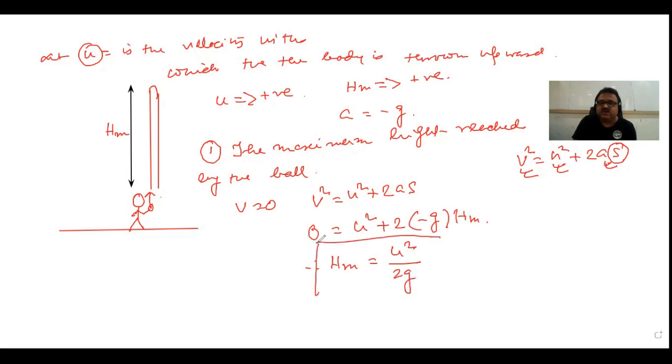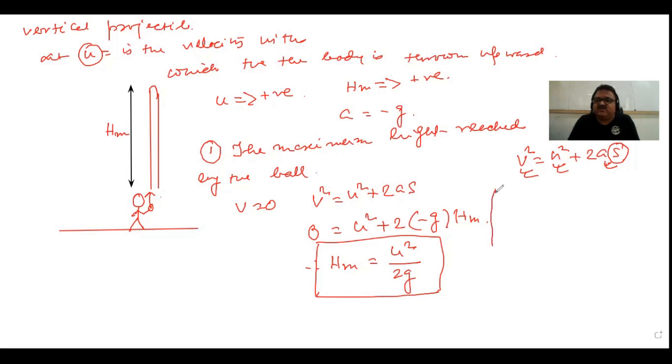This is the formula for the maximum height. Look, in this case, another interesting thing is this. Since we're throwing the ball in vertically upward direction or vertical downward direction, this topic is also called motion of vertical projectile. Okay.